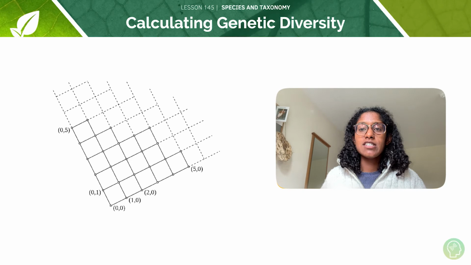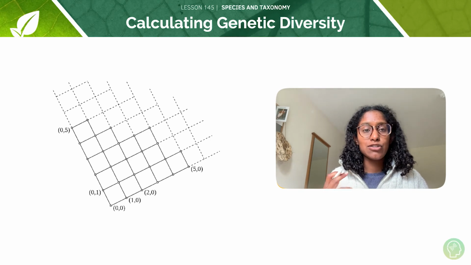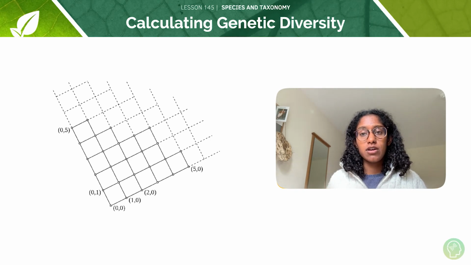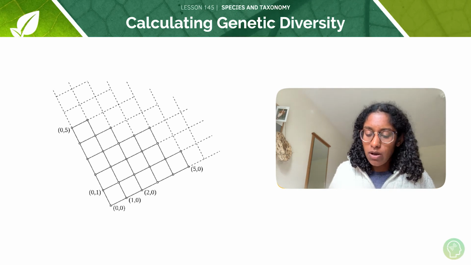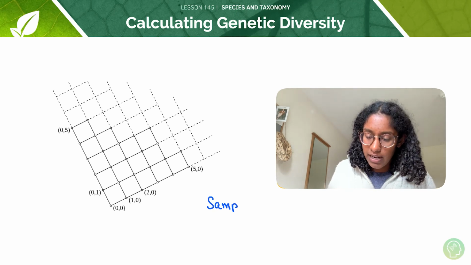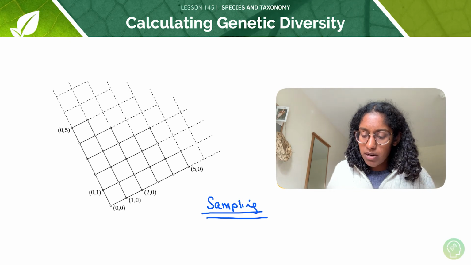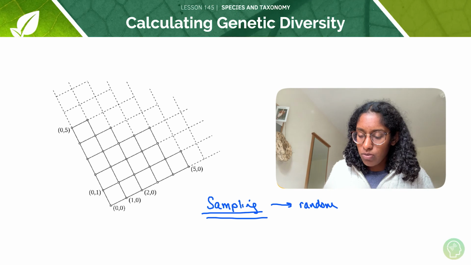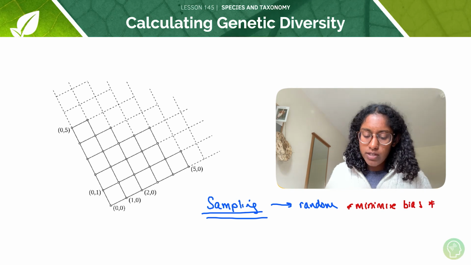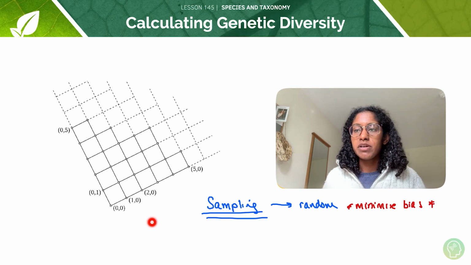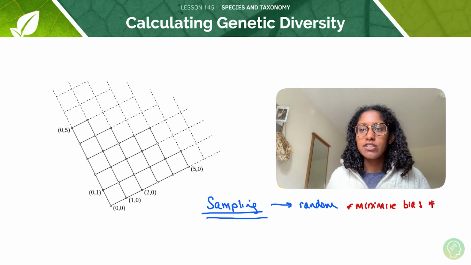Remember, quantitative just means getting numbers to analyse different variables. Scientists use sampling to study populations. Sampling needs to be random in order to minimise bias. For example, you can split a field into a grid and use an online calculator to randomly generate coordinates.